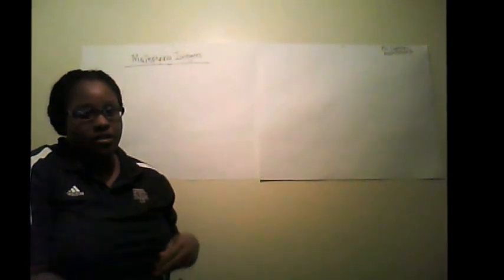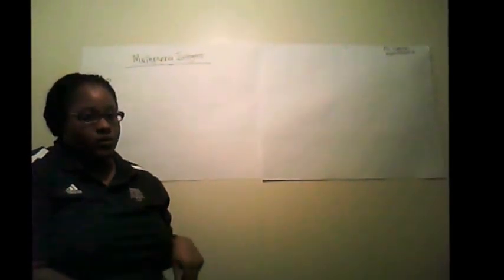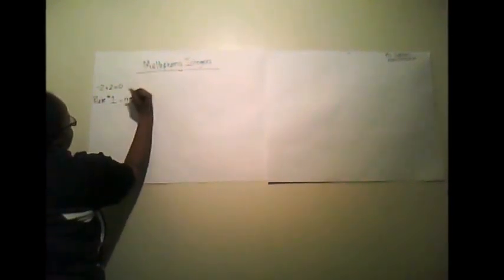Now, today we're going to focus on multiplying integers, and they have three rules as well. The first rule, rule number 1, is a negative times a positive equals a negative.